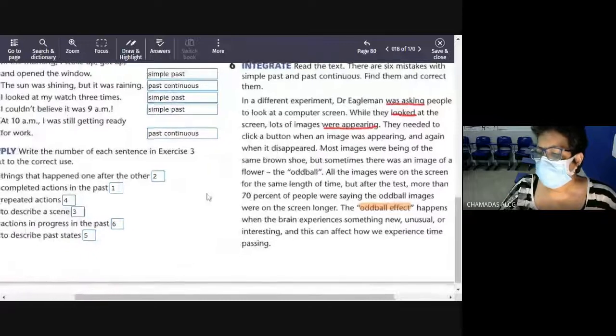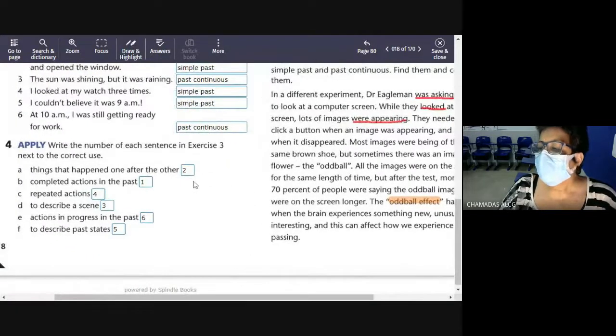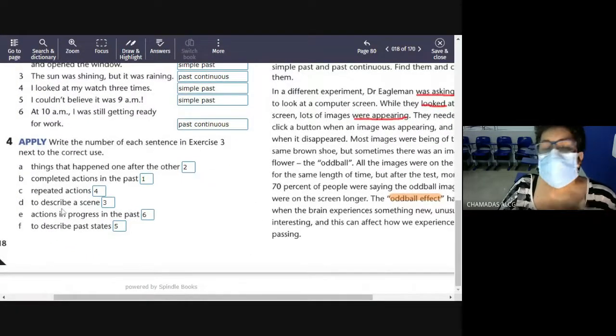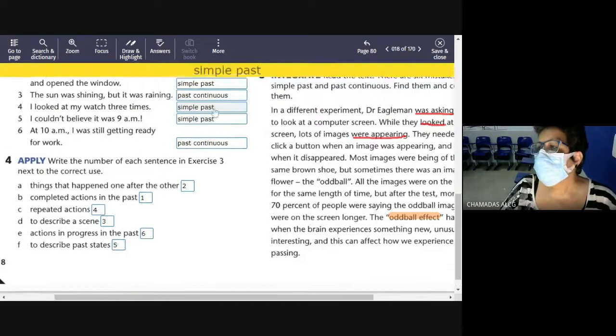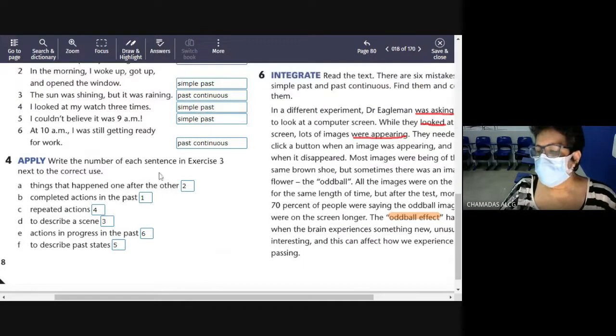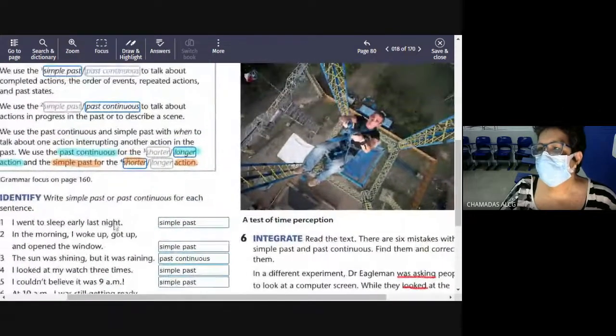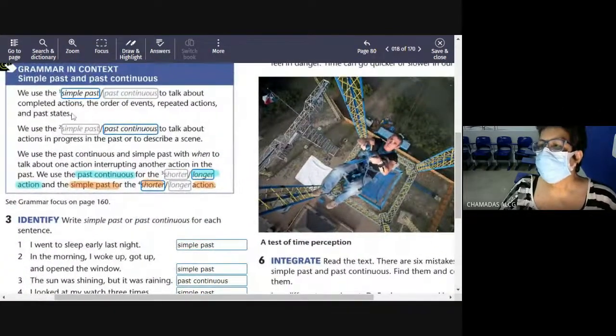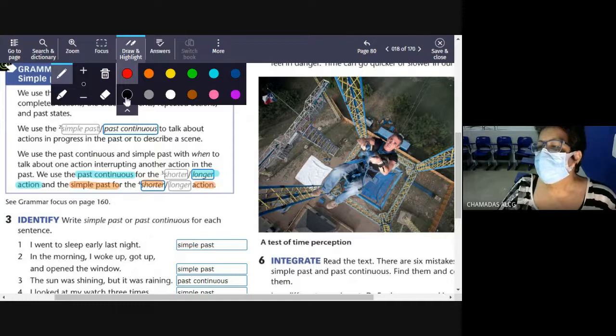So look, when we talk about actions that repeat themselves, we use the simple past. Okay, so when do we use the simple past? Look at the box here. We use the simple past to talk about, let's see there.